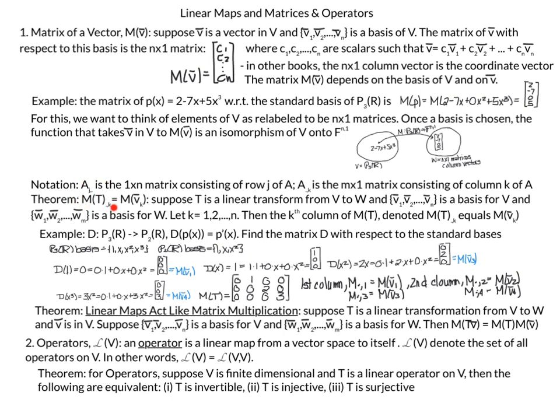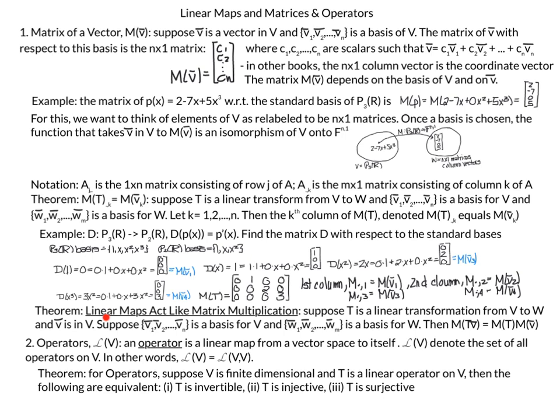And we said the kth column of this matrix of a transformation is simply the matrix of the kth basis vector after the transformation. And we did this example here with the polynomials in the main part of our video. We're not going to do it again in the review.